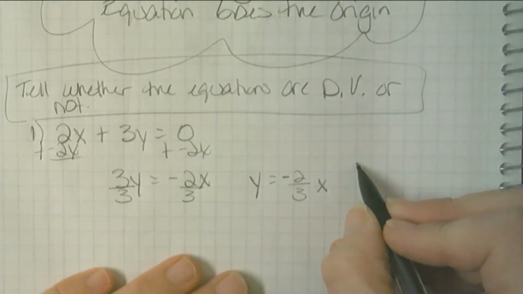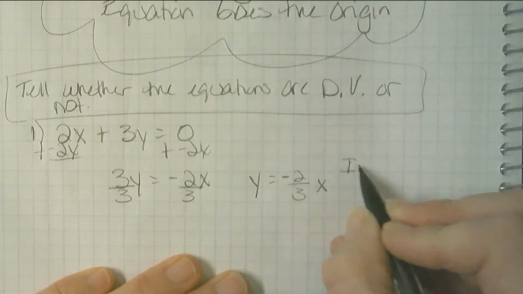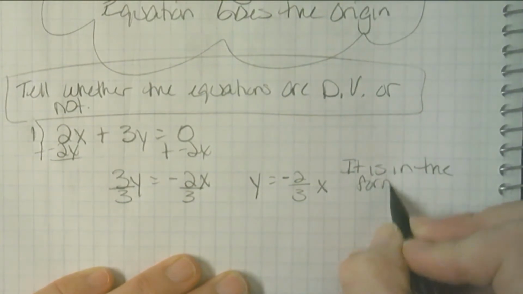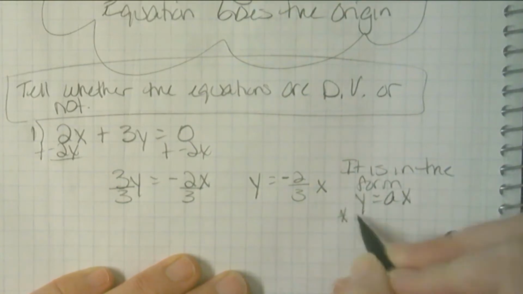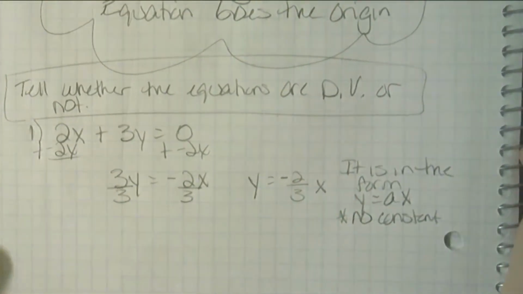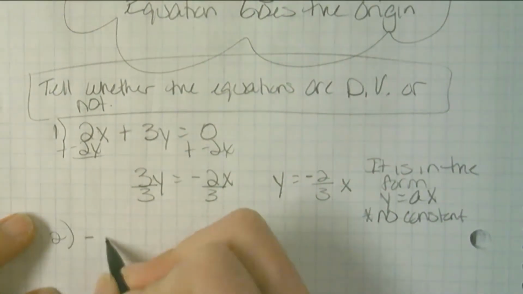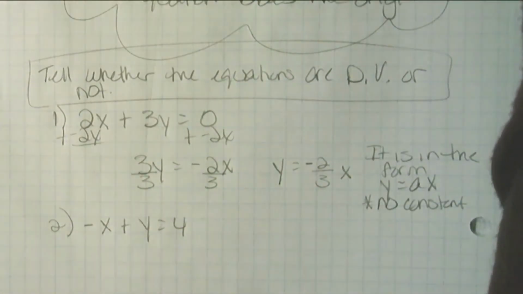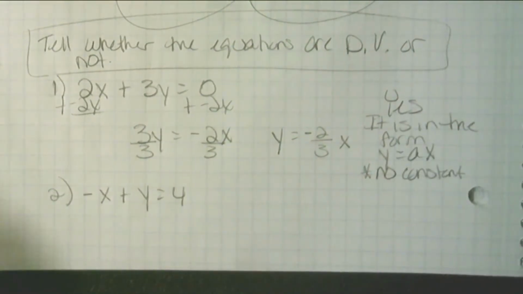So here we have, I'm just going to write it is in the form y equals ax. There's no constant. All right, how about this one? Negative x plus y is equal to 4. Determine if that's a direct variation or not. I'm going to say yes for that first one.